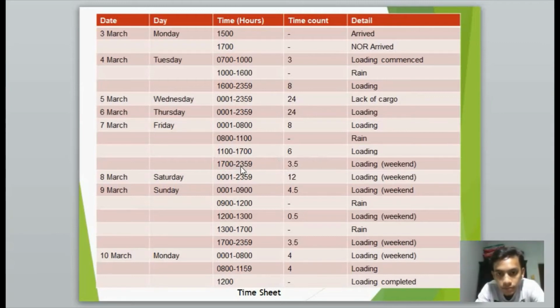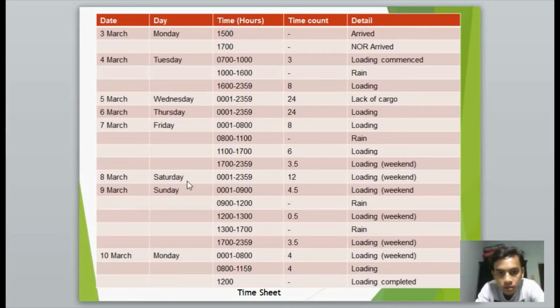It means the loading is 7 hours total, but we only count half, that means 3.5 hours, because the next day is the weekend. On the weekend, on 8 March, there was no rain, and the loading still continued for 1 hour, but since it is still the weekend we count it as a half day, so 12 hours.